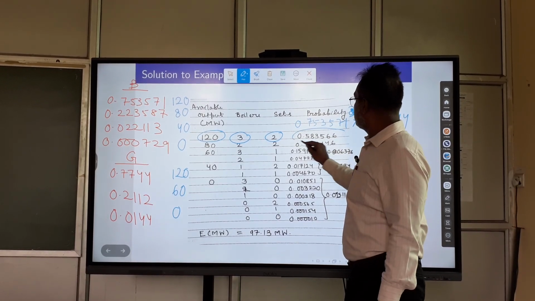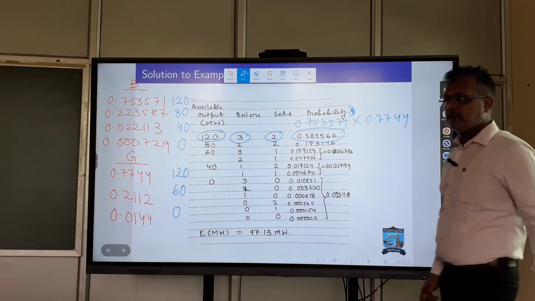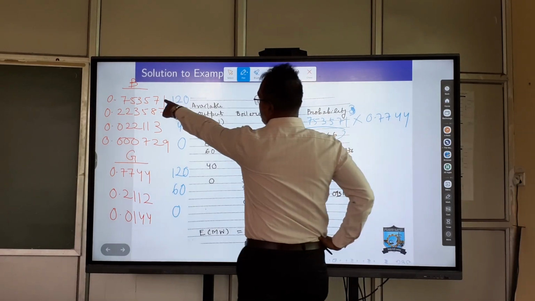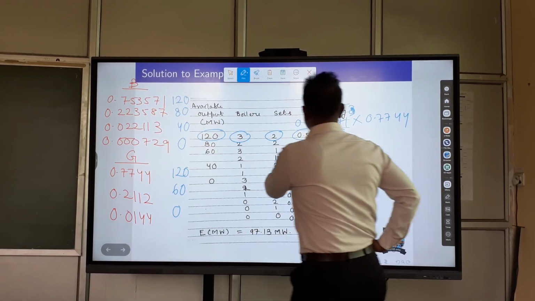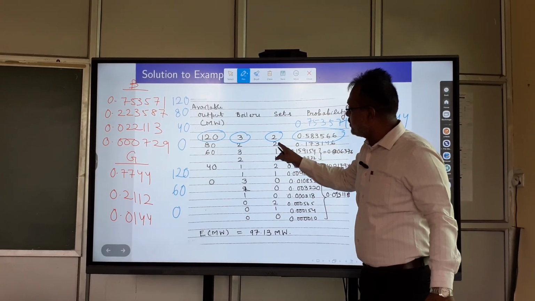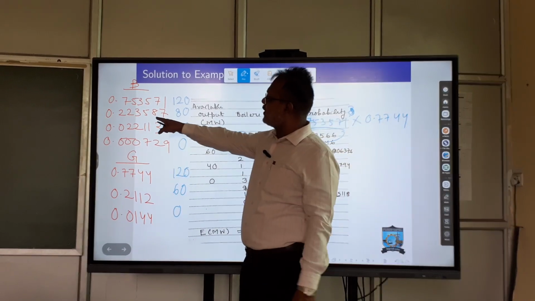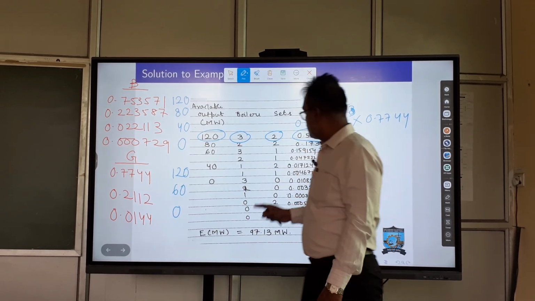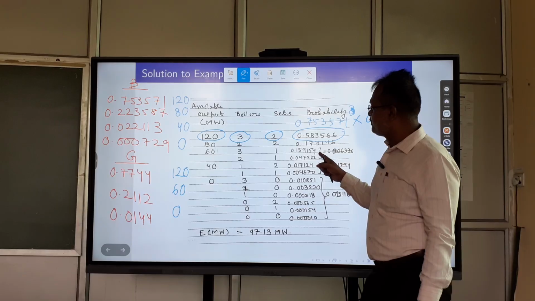So are you getting this by multiplying? That means this is for 3 boilers up, 2 generators up: 0.5836. Here it is 2 boilers up, 2 generators up: 0.223587 into 0.7744. So it is this. Okay.